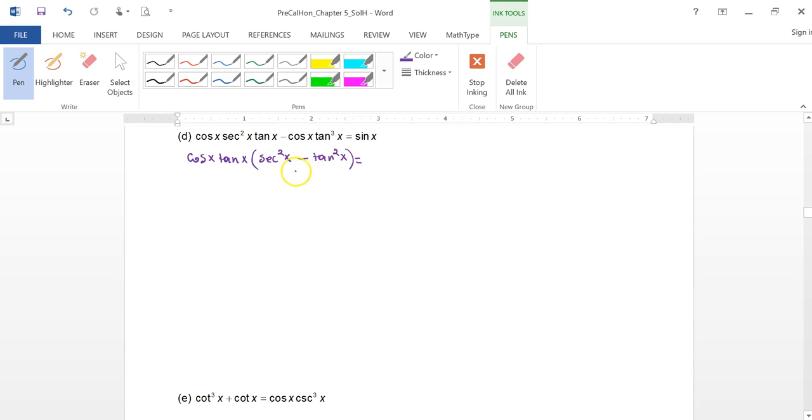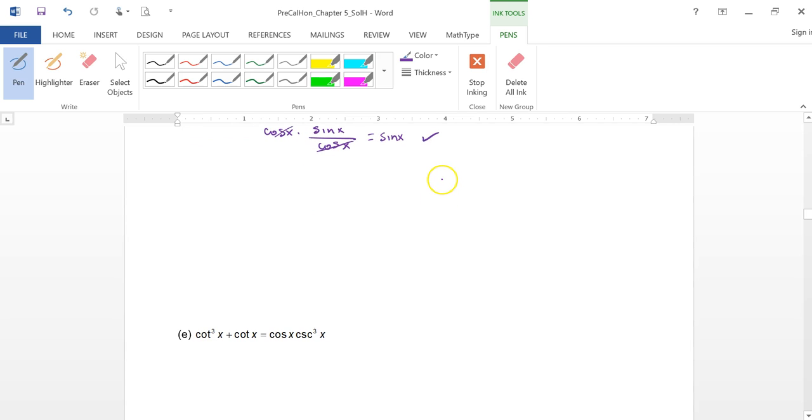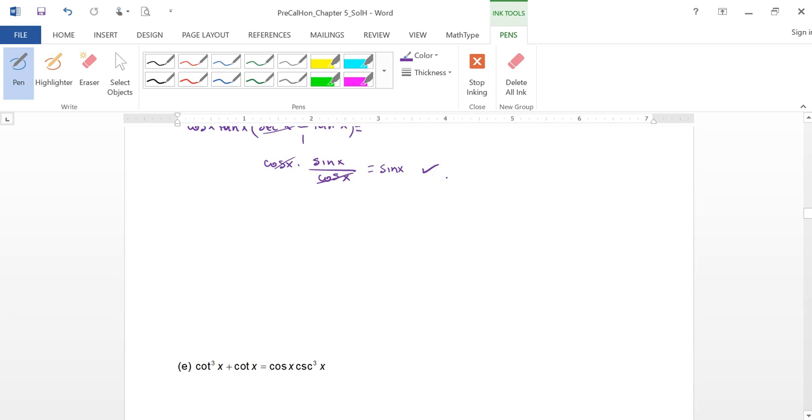What's secant squared minus tangent squared? 1. So this is 1, meaning I have cosine x times sine x over cosine x, sine x. Okay?